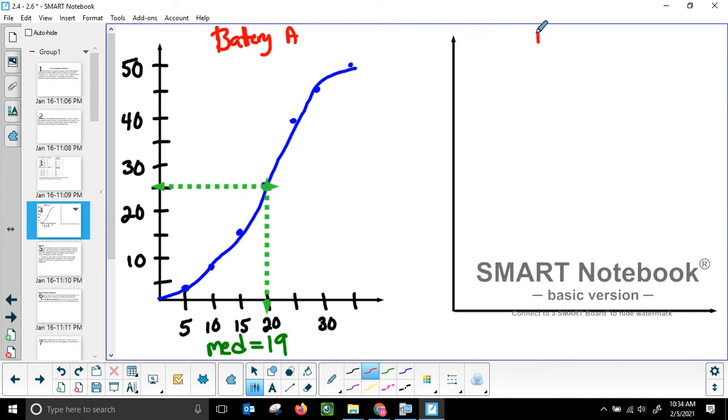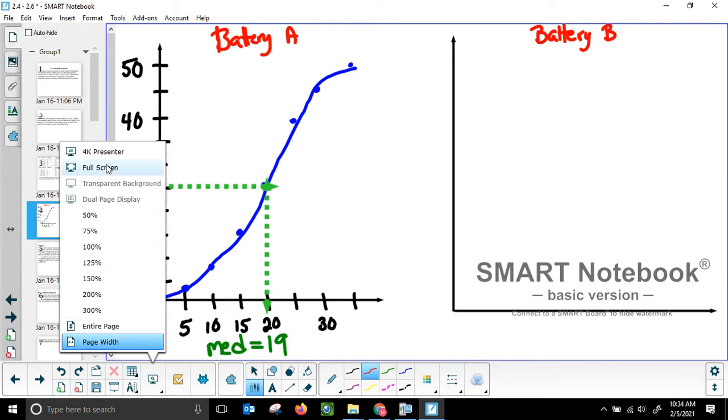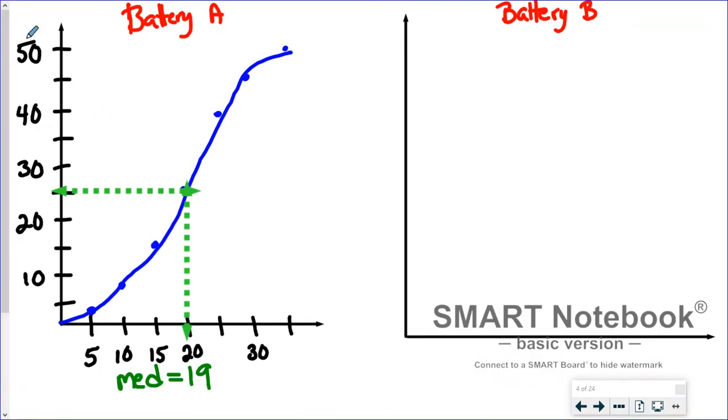This will be battery B. All right, over here, let's see, it might be a little bit easier. All right, so this axis over here would be cumulative frequency, which really should be off over here to the side, but I don't have any room.